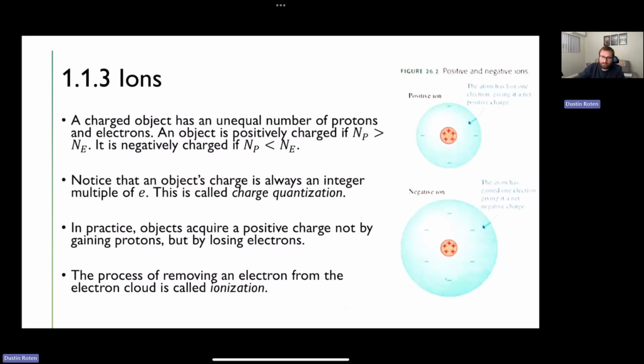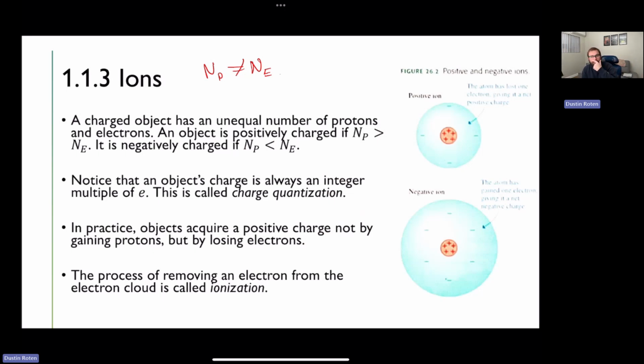We can also talk about ions. An ion is essentially just a charged atom or molecule. Notice I said on the last slide, everyday objects usually have an equal number. So an ion is a case where these numbers are actually not equal.